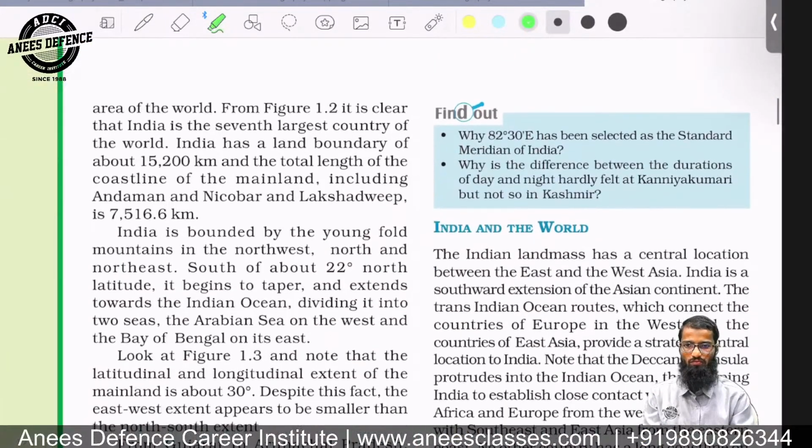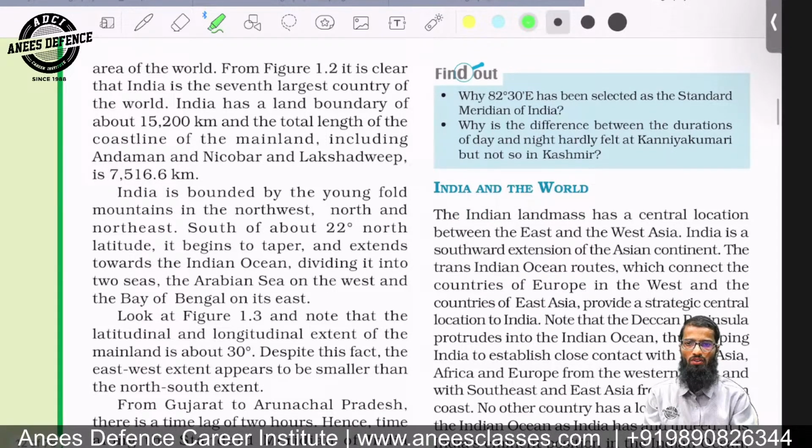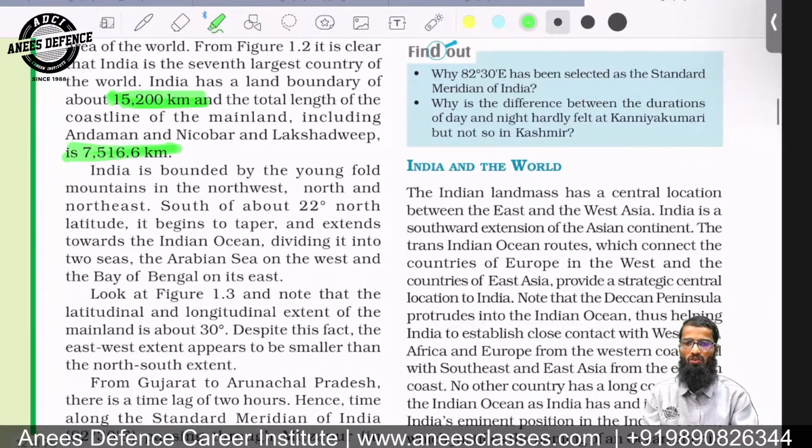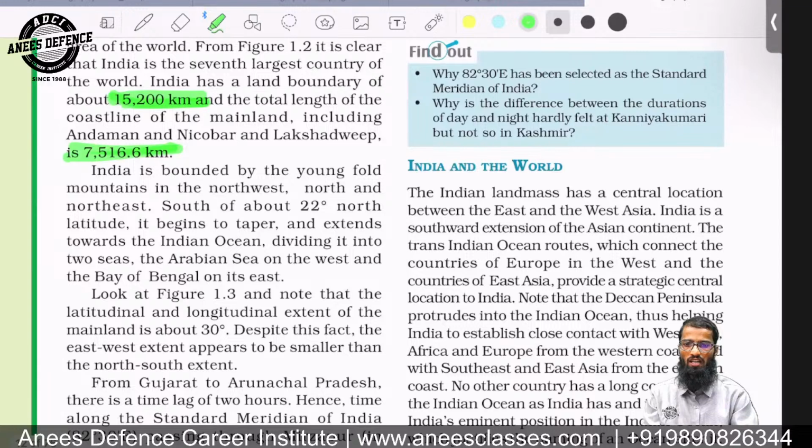India has a land boundary of about 15,200 kilometers and the total length of coastline, including the Andaman and Nicobar, is 7,500 kilometers. India is bound by young fold mountains on the northwest.